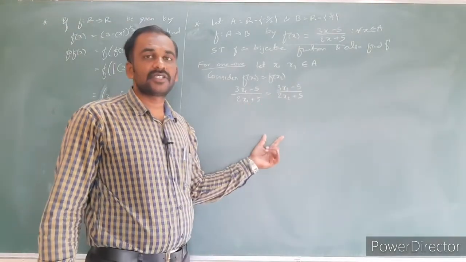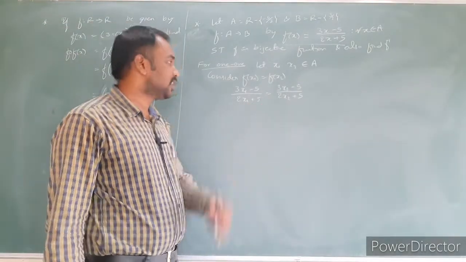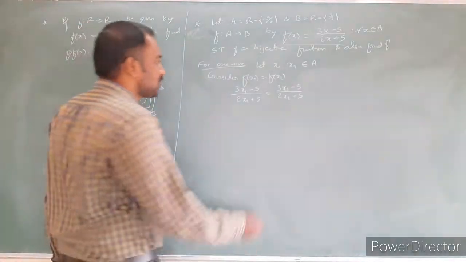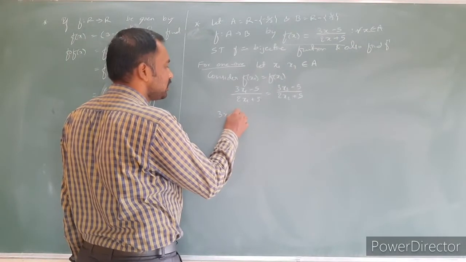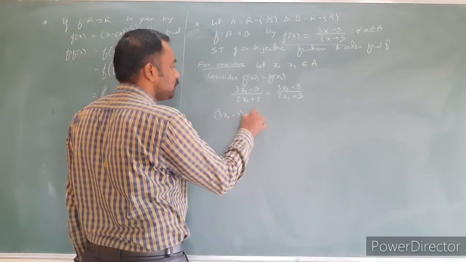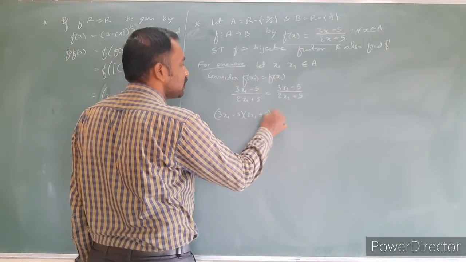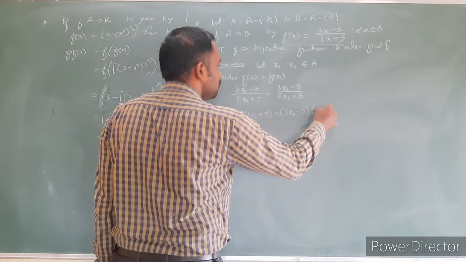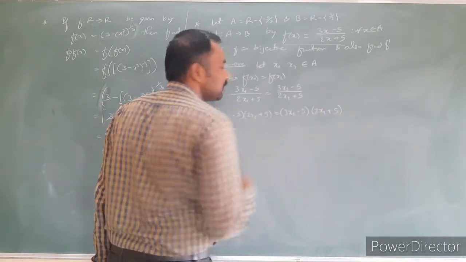Now I need to get x1 is equal to x2. How do we get x1 equal to x2? On simplifying this one. How to simplify? Cross multiply and simplify. What will we get? 3x1 minus 5 into 2x2 plus 5 is equal to 3x2 minus 5 into 2x1 plus 5.